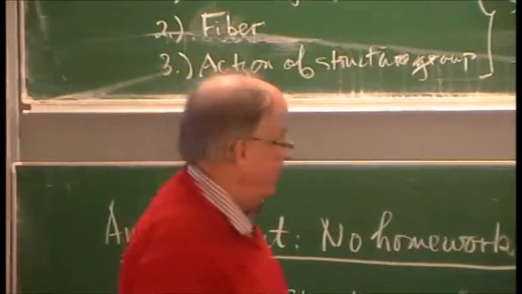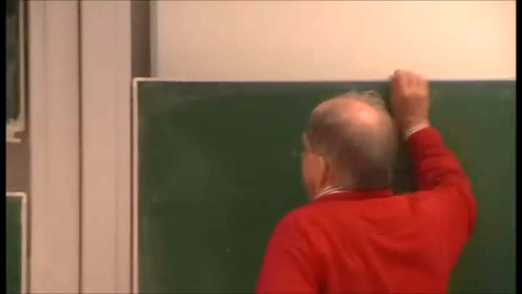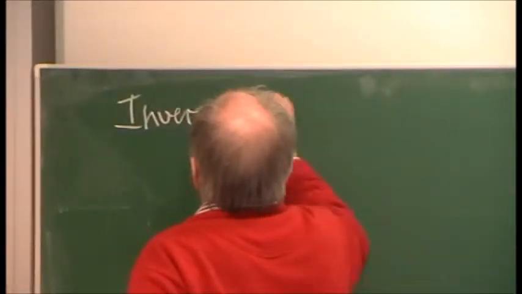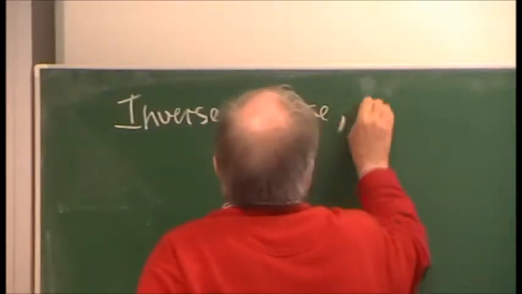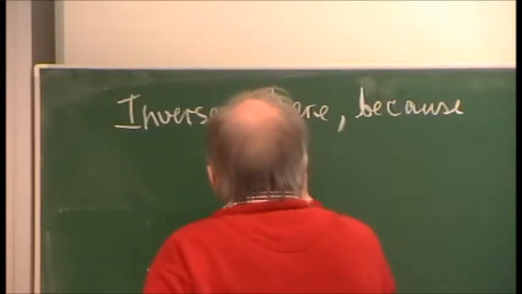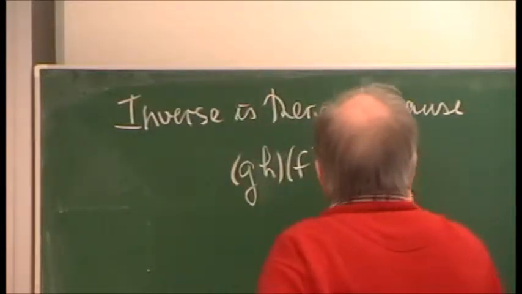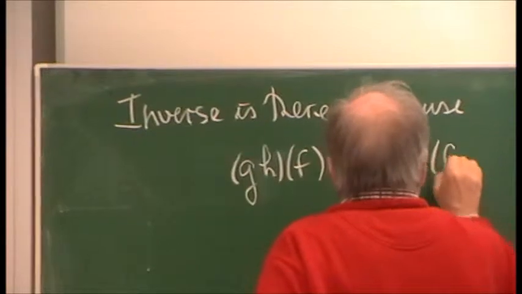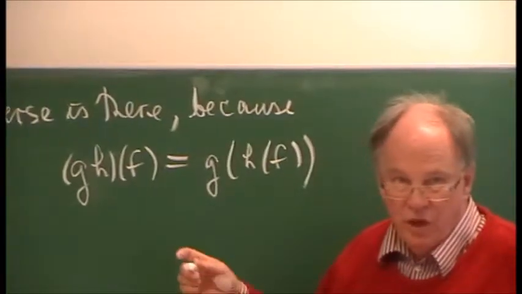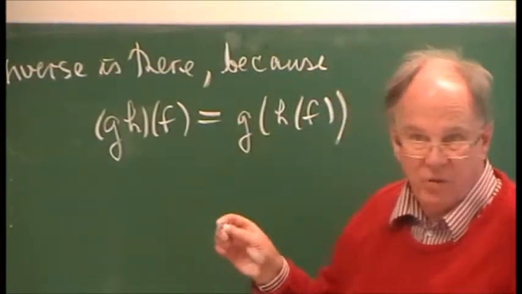Yeah, because, well, let me just write it to be sure you understand. The inverse is there because G H of F is the same thing as G of H of F. Right? If you did not put an inverse there, this would reverse and would not be a representation that way.